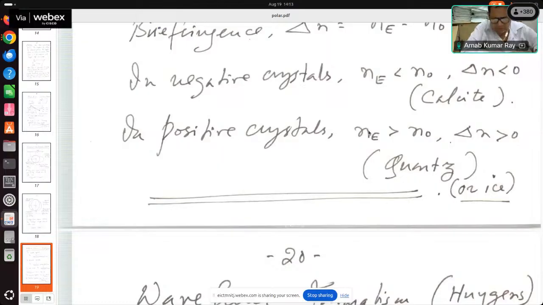You see, ordinary rays obey Snell's law, and Snell's law is set with respect to a basic geometrical framework. What is the geometrical framework? That there is an incident ray, there is a refracted ray, it's all geometrical optics, and there is a reflected ray. And then there is the interface between two media, where the reflection and the refraction happens.